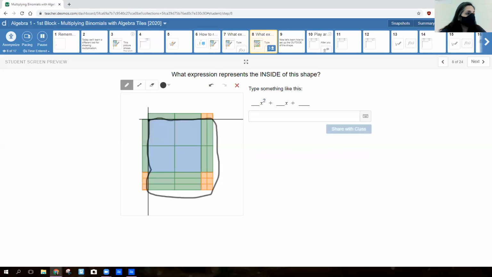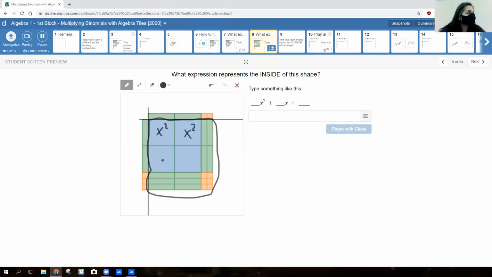Go ahead and type your answer and share it with the class. If it helps, you can label them first. You don't have to.